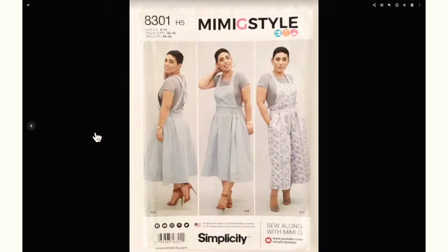Alright guys, here we are looking at the front of the pattern, and the part here that's most important that I want to point out to you, of course, is the size. This says that this is a US size 6 to 14. I want to point out that this is not a retail size 6 to 14.